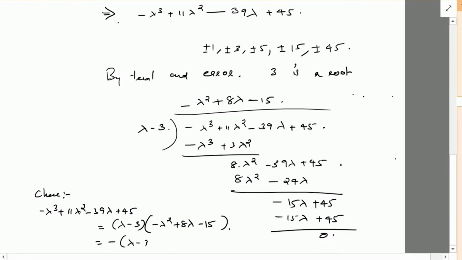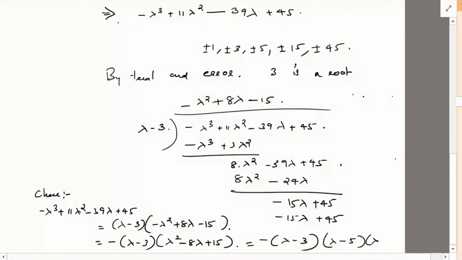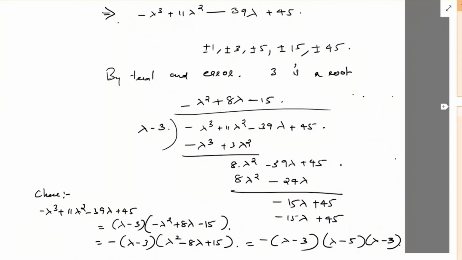So it is minus of lambda minus 3 into lambda square minus 8 lambda plus 15. So how can we factorize this? 5 and 3. Yeah, okay. This can be written as minus of lambda minus 3 into lambda minus 5 into lambda minus 3. Or we can write it as minus of lambda minus 3 the whole square into lambda minus 5.